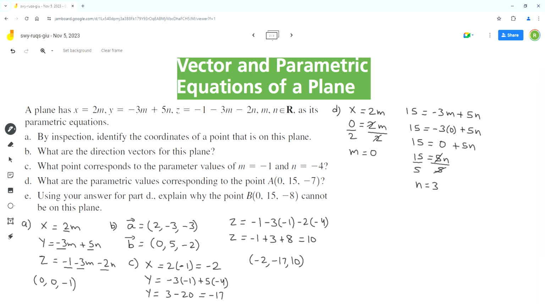Now we can check whether the z coordinate satisfies the z equation for m equals 0 and n equals 3. So we sub in z as negative 7.